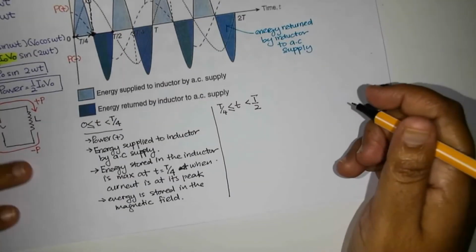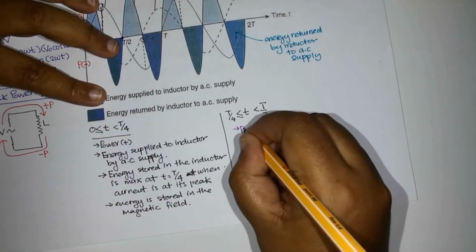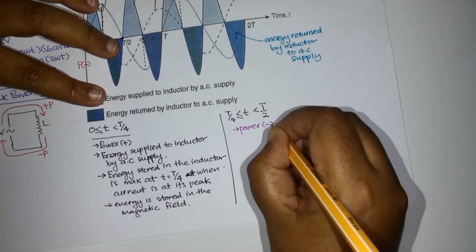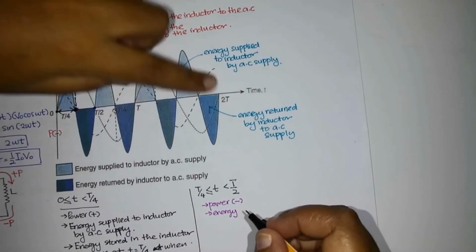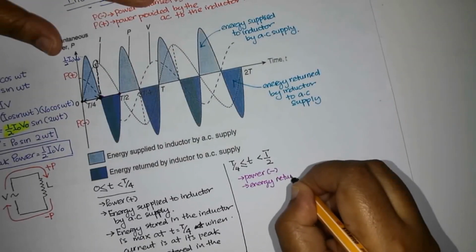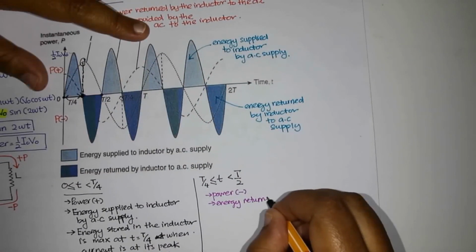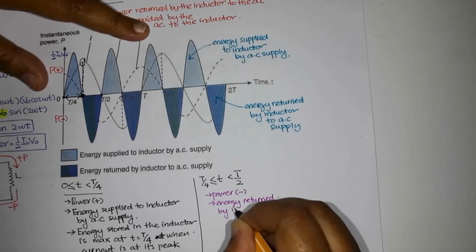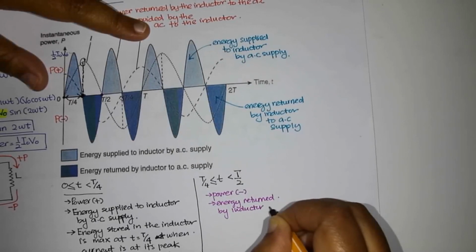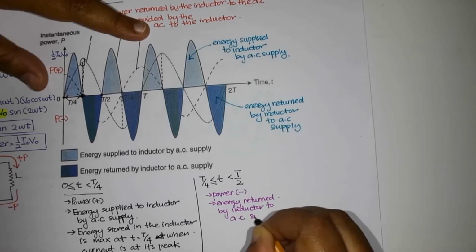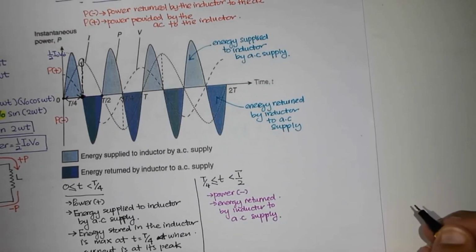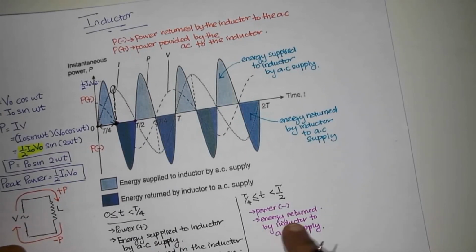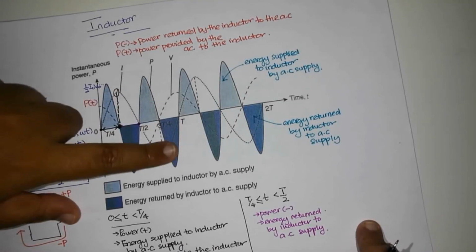So you can say power is negative, energy returned by the inductor to the AC supply. Okay, so you can see that for these two expressions, these are repeated processes.